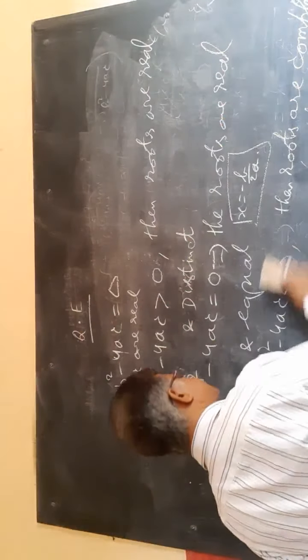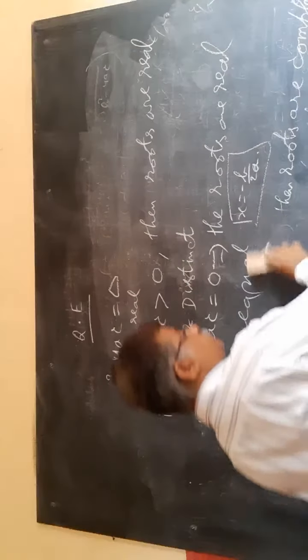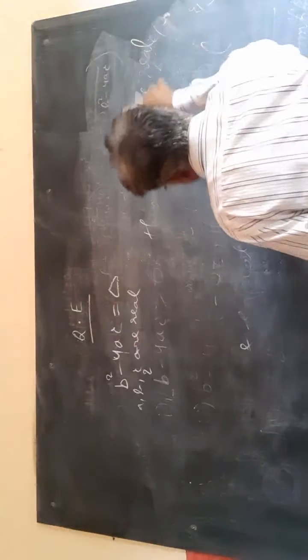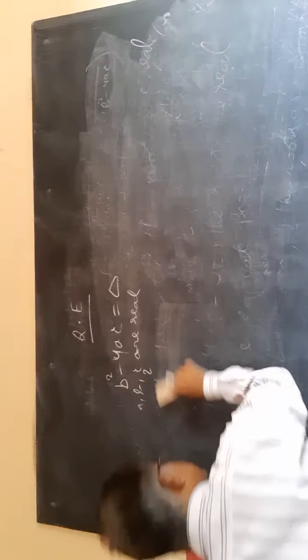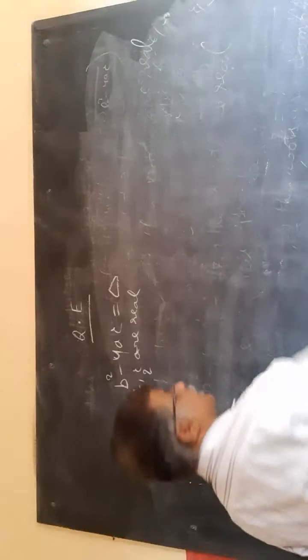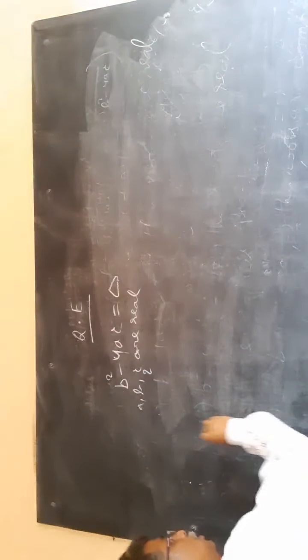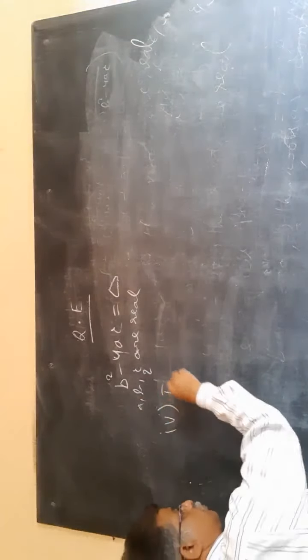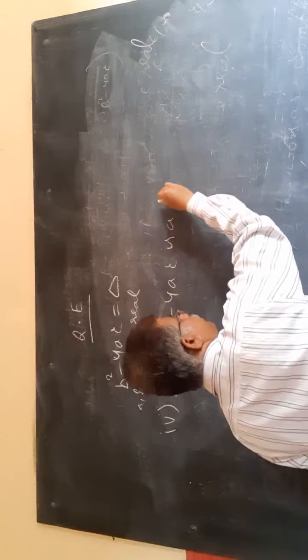Next, fourth point. If b square minus 4ac is a perfect square, what happens?